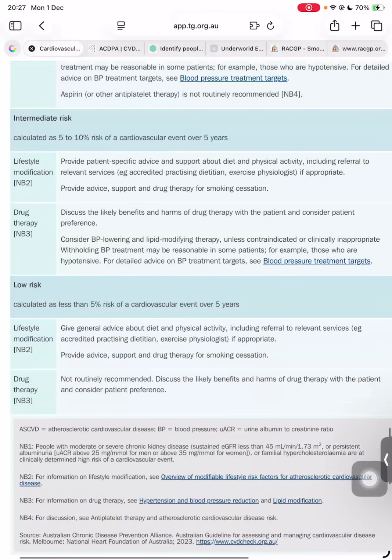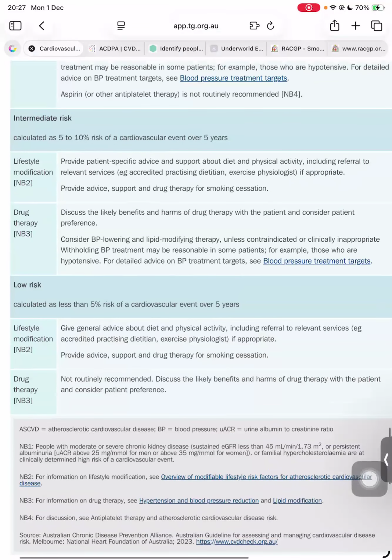Then drug therapy. Here, drug therapy mainly means lipid lowering therapy and blood pressure lowering therapy, like antihypertensive drug therapy or lipid lowering therapy. So discuss likely benefits and harms of drug therapy with the patient and consider patient preference. In here, remember the words: we can consider.